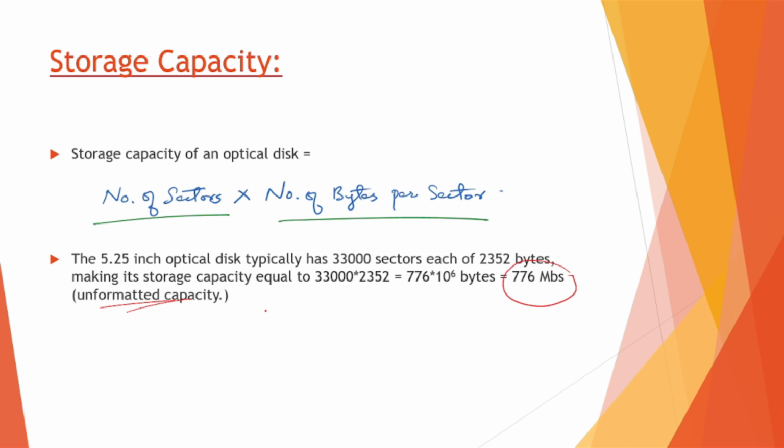After formatting it, it will become approximately 550 MB, which is usable to us. This is the total capacity. We can calculate the capacity of any optical disc this way.